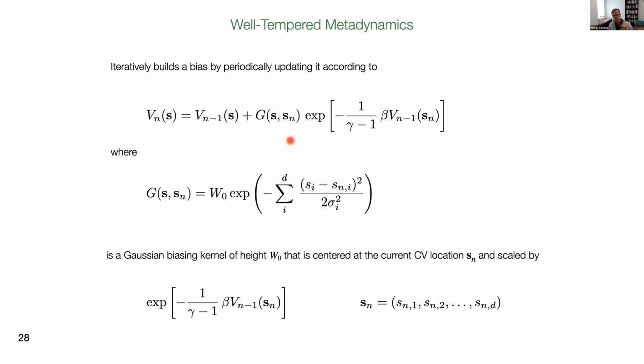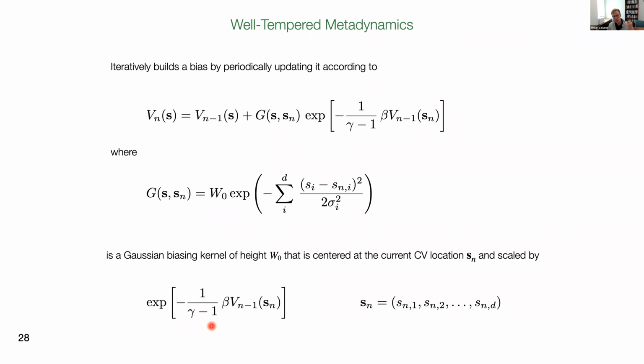And this term here is a Gaussian biasing kernel, where we have some given height, w0. And this is centered on the current CV location. But now we not only deposit the Gaussian directly, we also scale the Gaussian with this scaling factor here. And this scaling factor depends on this gamma factor, which is the same gamma factor as before.